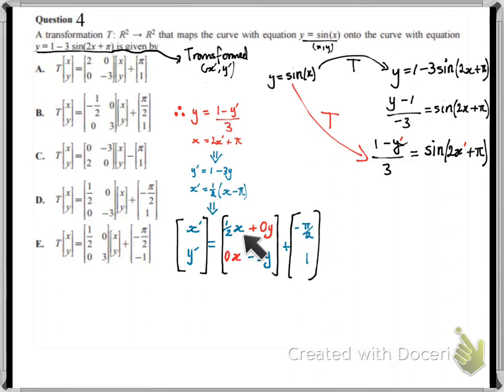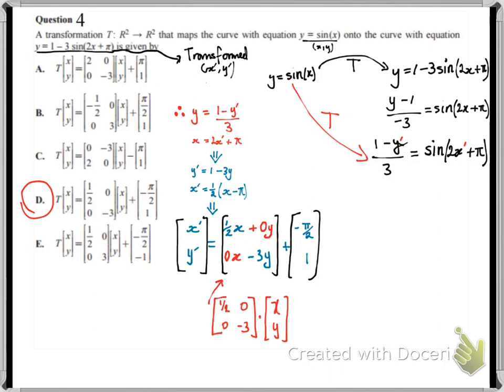And by me including these extra terms with zeros on the y and 0 on the x, it allows me the full structure, so I can write that in terms of a matrix equation. There it is. So there's that coefficient matrix, which is the same as these in the answers, and we can match that up. So this one actually relates to, that's right, option D.